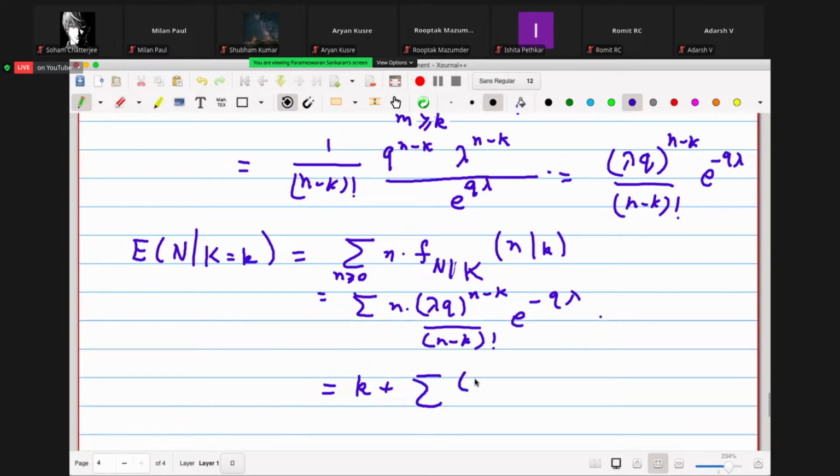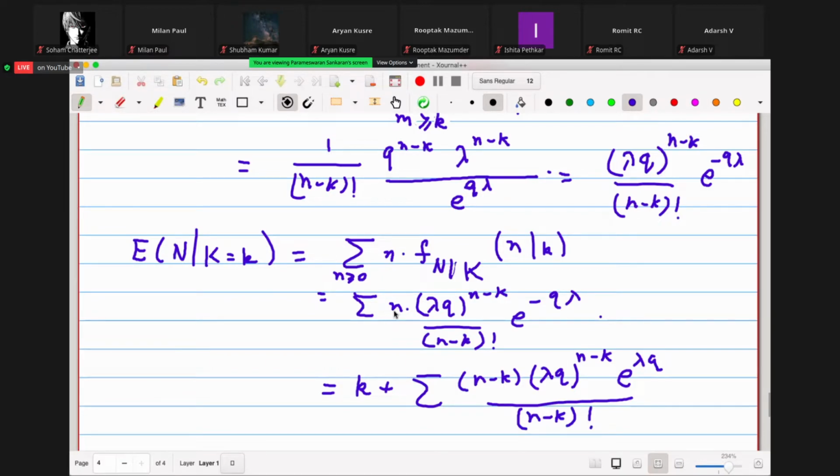Summation of (n minus k) times (lambda q) power n minus k, e power minus lambda q, divided by n minus k factorial. Is this clear? Why it is so?